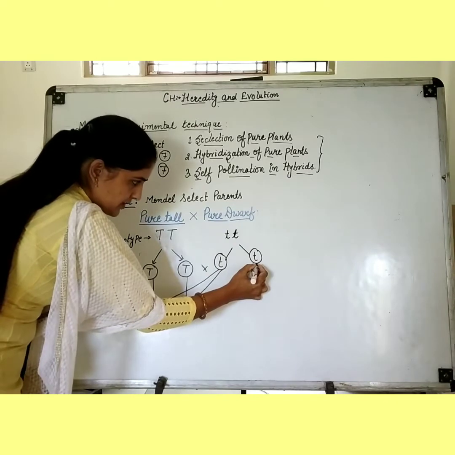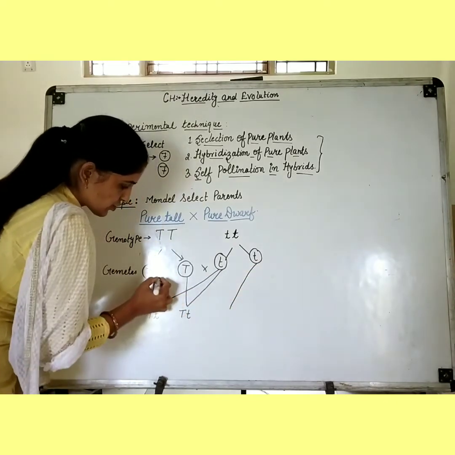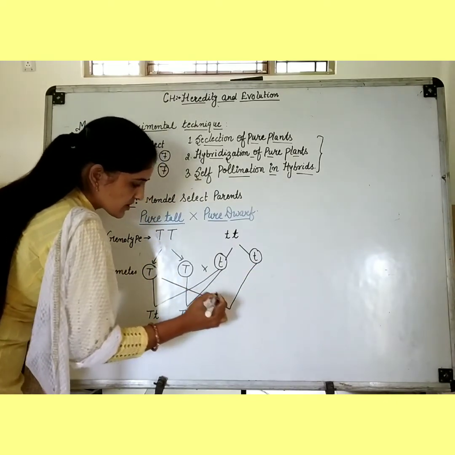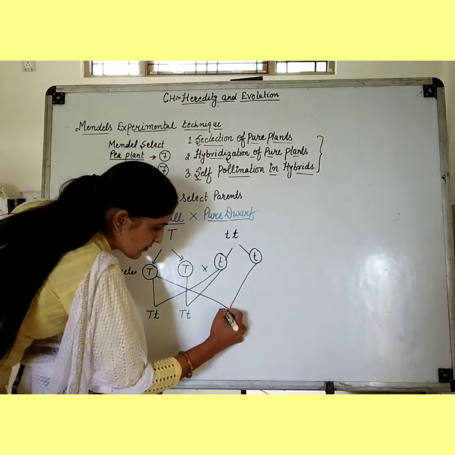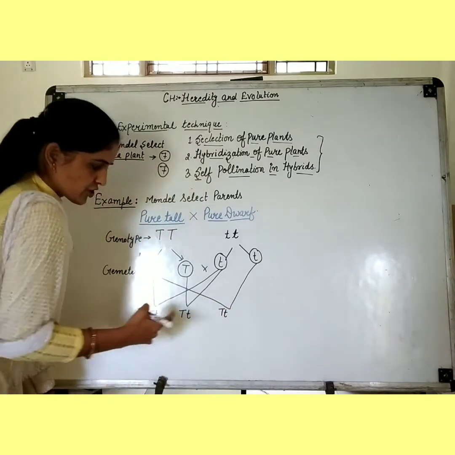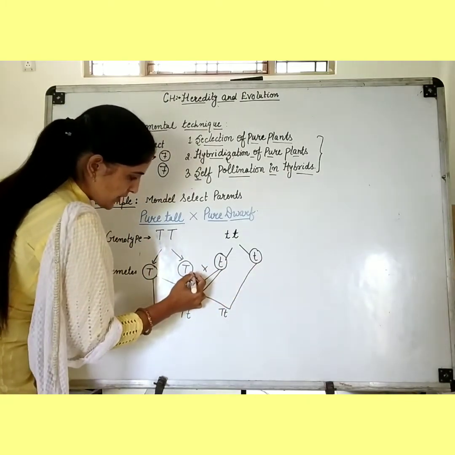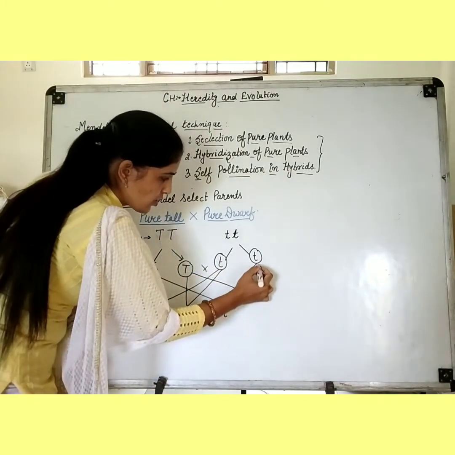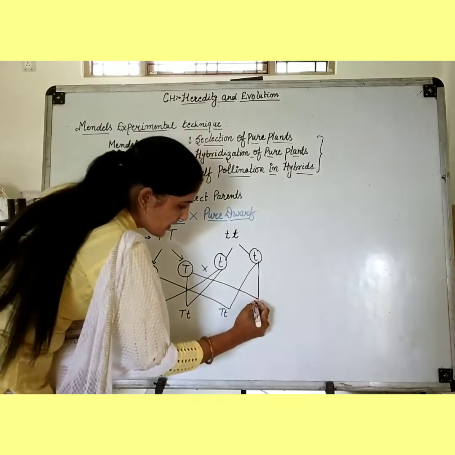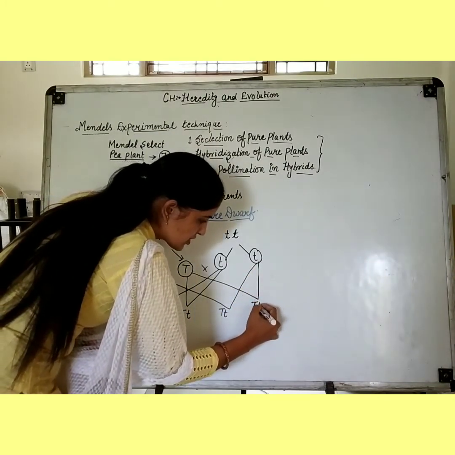Here, when this gamete is crossed with this gamete, they fuse with each other. The genotype is capital T, small t. And when this gamete is fused with this gamete, again capital T, small t.